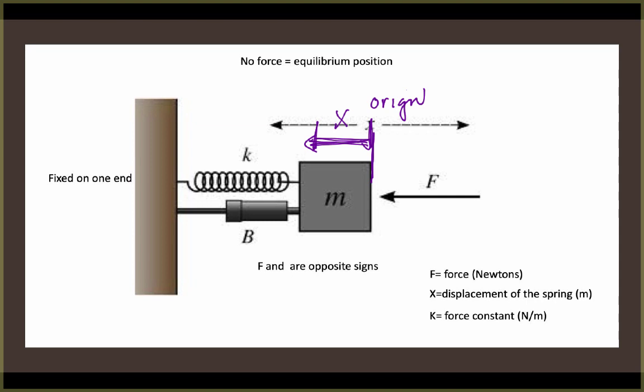Now, if we push it in, this spring has some kind of resistance to it. If you've ever played with slinkies, you pull them out and they're really easy. Or maybe you've seen the coils in a mattress and tried to push on them.